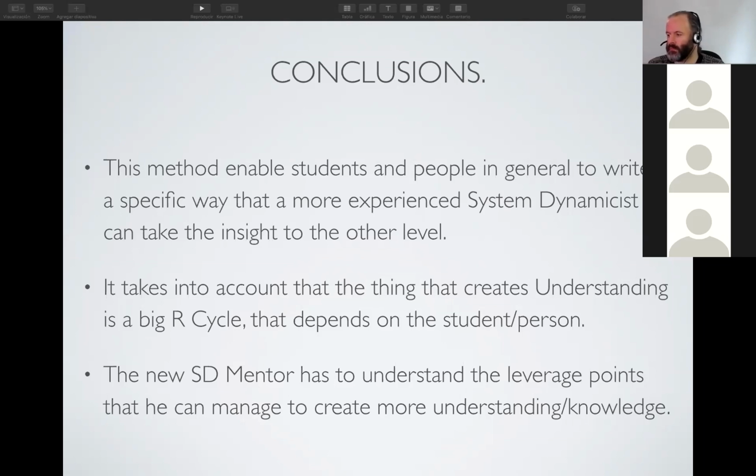It takes into account that the thing that creates understanding is a big R cycle that depends on the student or person. The new system dynamics mentor has to understand the leverage points he can manage to create more understanding and knowledge.